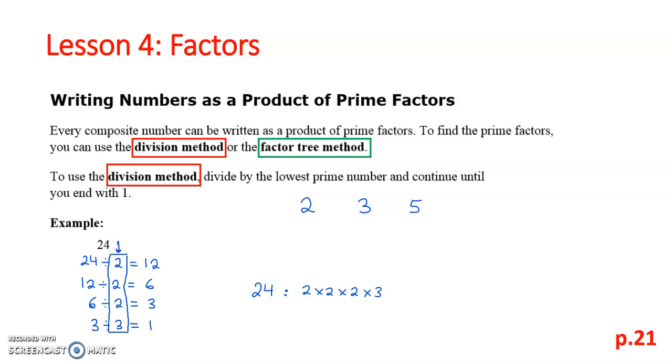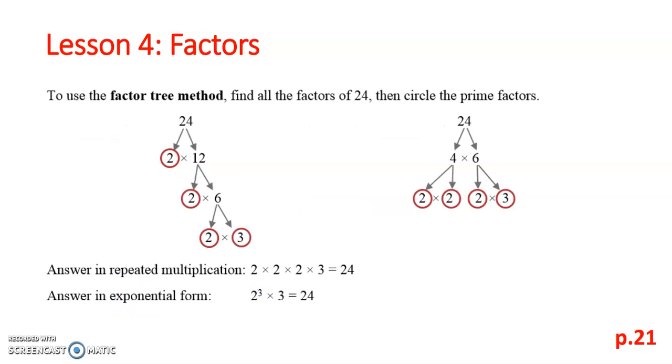The factor tree method can be done in a couple of ways. I prefer the first method, which is similar to the division method, where we take the number 24 and again start with our smallest prime numbers, 2, 3, and 5. I begin by trying to divide by 2, which gives me 12.